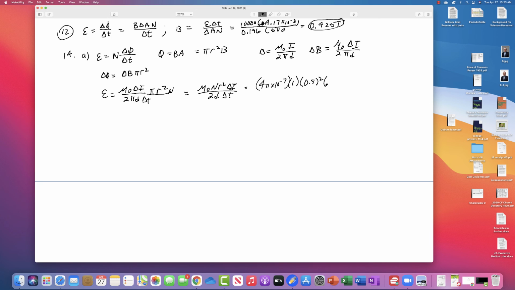And then the I is minus 2.0 times 10 to the 6th. And so that's the change in amperage over time. 2 times, it's 50 meters away, times 2.5 times 10 to the minus 6. That's delta t. 10 to the minus 5, excuse me. And so that equals 251 volts. So that's number 14.